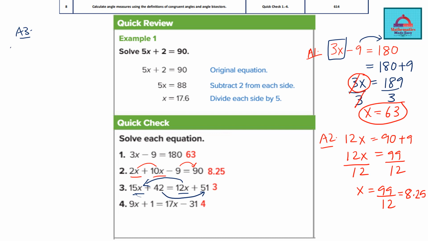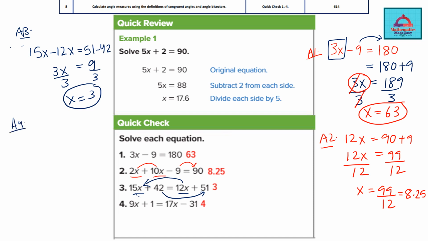It becomes 15x minus 12x, sign is changed, and 51 minus 42, sign is changed. So 51 minus 42 is 9, and this is 3x. So I'm going to divide by 3 both sides. So x is going to be 3. That's the answer.